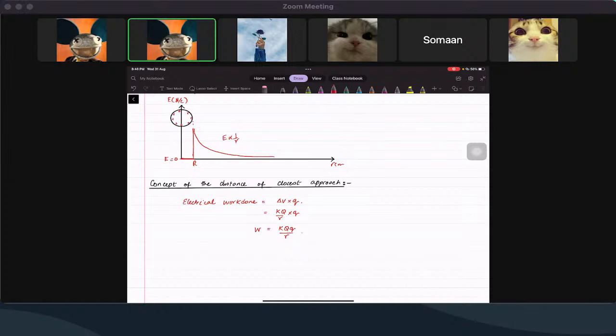Because a nucleus is just positive, right? And to fuse them, you need to bring them closest to each other so they can touch and then they can fuse. To do that, you need to overcome the repulsive force that they have between each other. Don't you guys think?